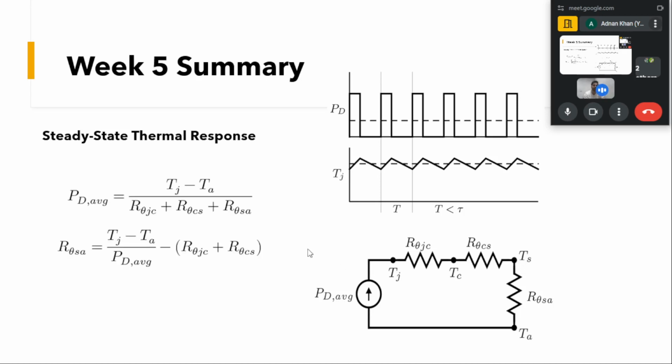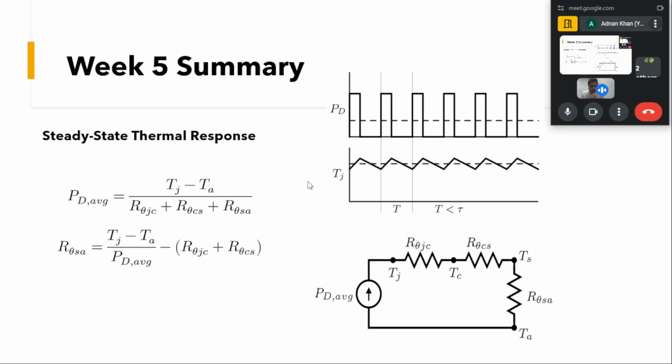And how will we do this? Let us say we want to see the temperature at this junction point, and we know the ambient temperature, and we know the power loss associated with this.